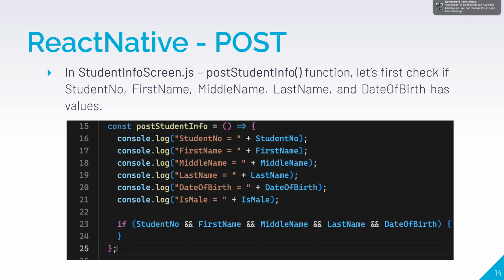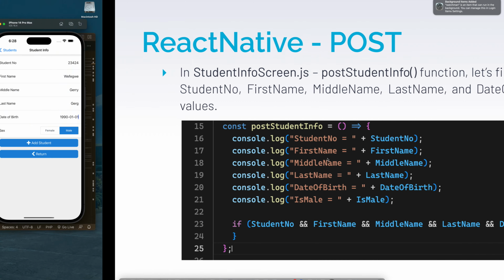Now, instead of displaying the values inside the console, in the student info screen's postStudentInfo function, let's first check if student number, first name, middle name, last name, and date of birth has values.